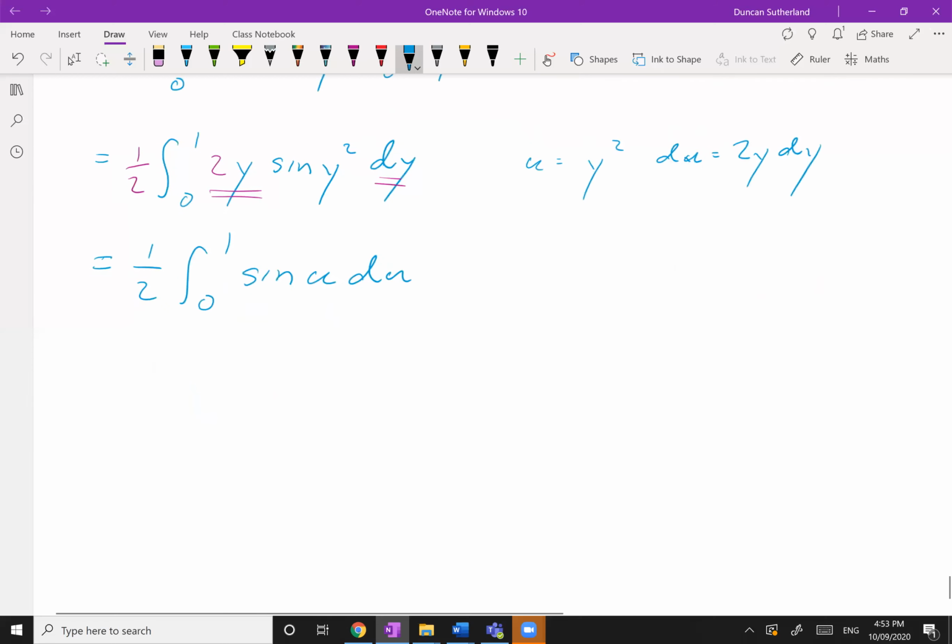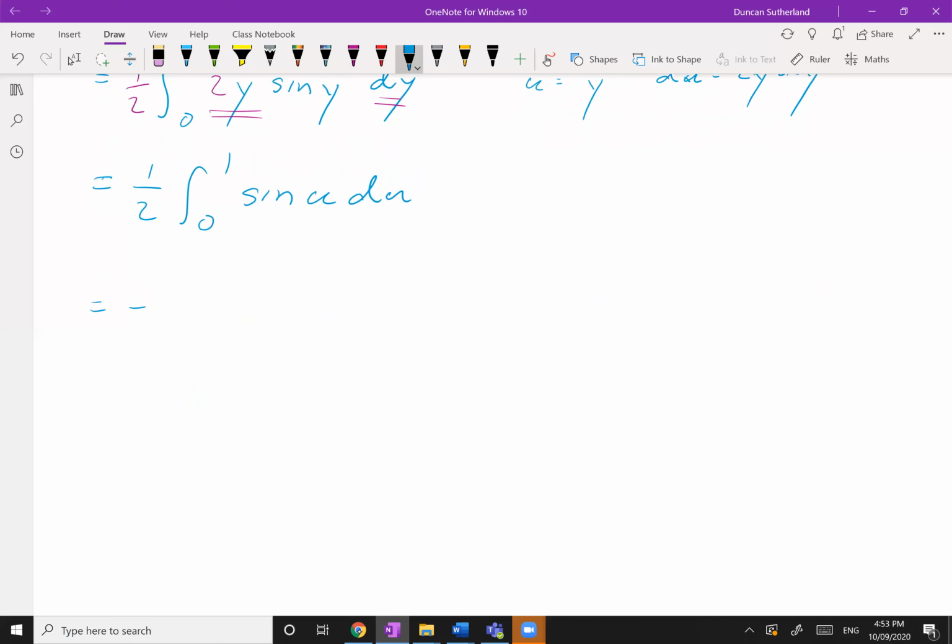Integral of sine u is minus cos u. And that's our answer. And that's elementary, right? Or we always think of cosine as being trivial to evaluate. Cosine 1 isn't a very nice number, but it's something that's a bit better than the Fresnel integral.